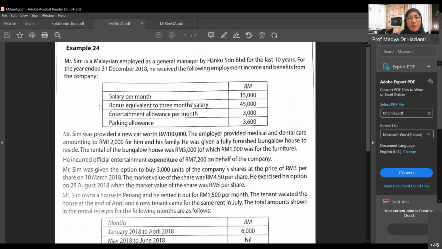Bonus, no need to calculate, he has been given a bonus equivalent to 3 months salary. Is bonus included? Yes. Bonus is included, alright. What about entertainment allowance? 3,000 per month times 12, so his entertainment allowance is 36,000.